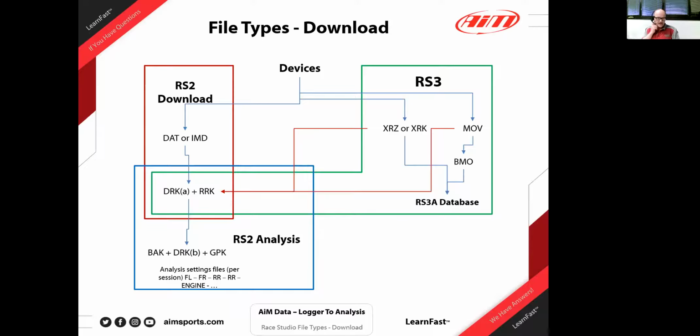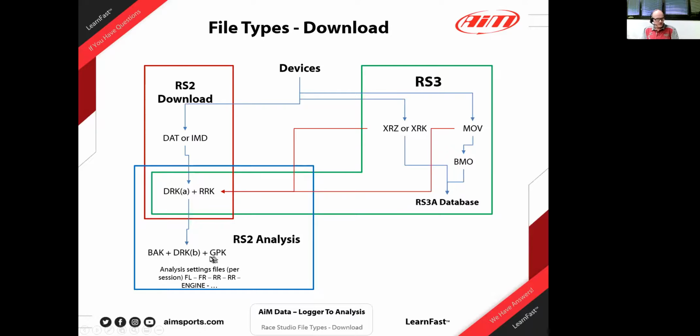at first a BAK file that was a backup copy of the DRK file, of the very first version of the DRK file. And then the RS2 analysis created a modified copy of the DRK, including some computed GPS information like GPS speed, GPS accelerations, GPS gyro, and position accuracy, and all GPS stuff, plus a GPK file.